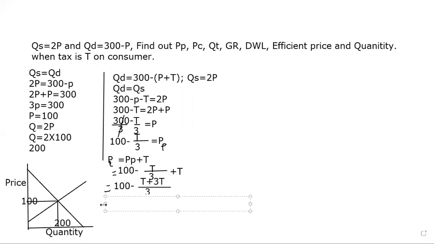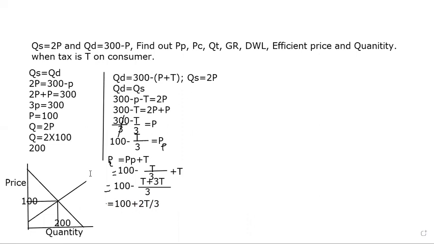So our simplified form will be 100 plus 2T by 3. This is our simplified form, that means the price of the consumer.